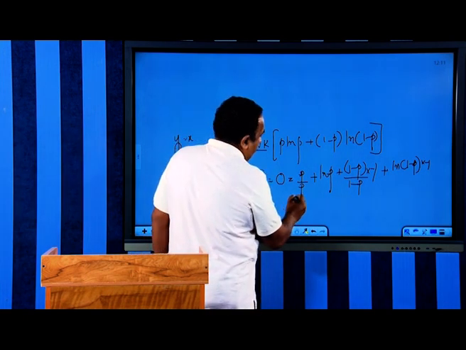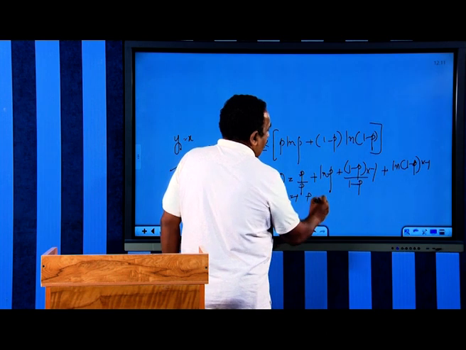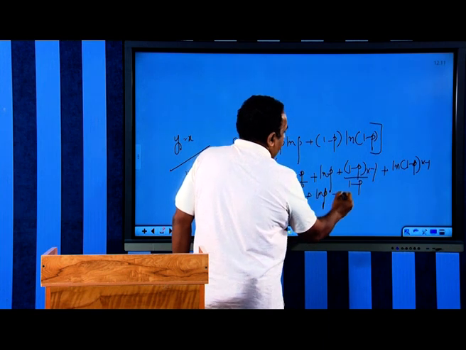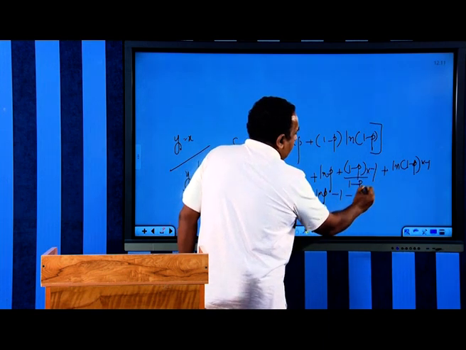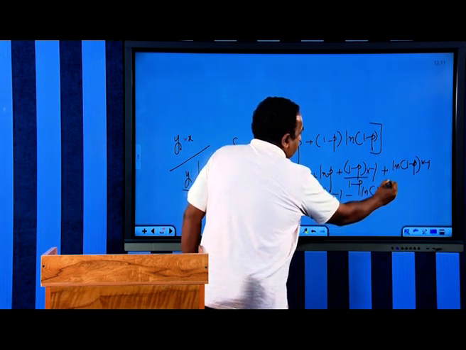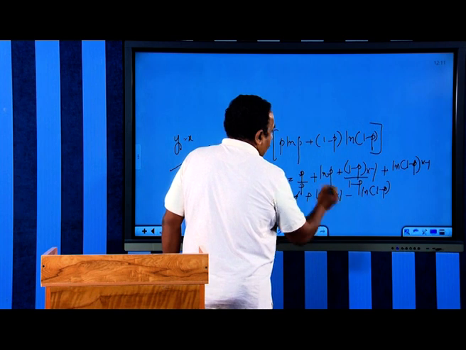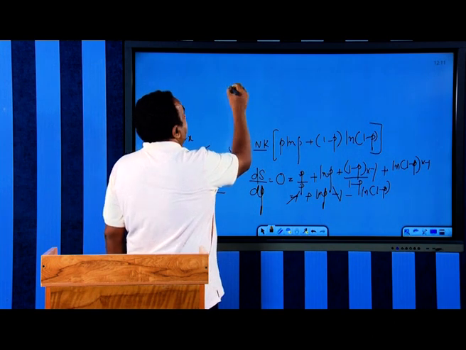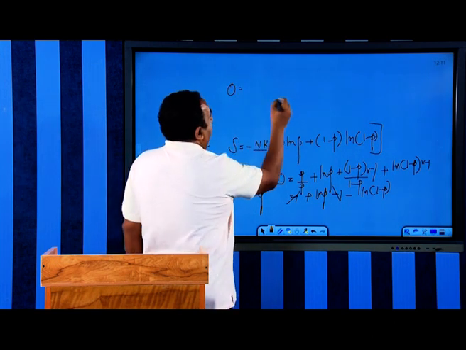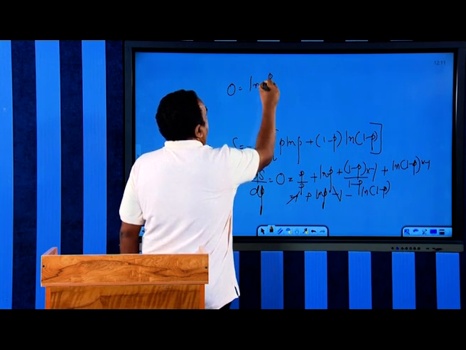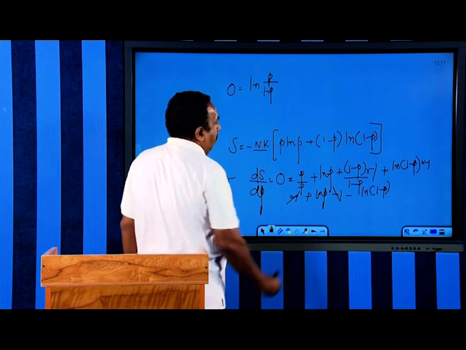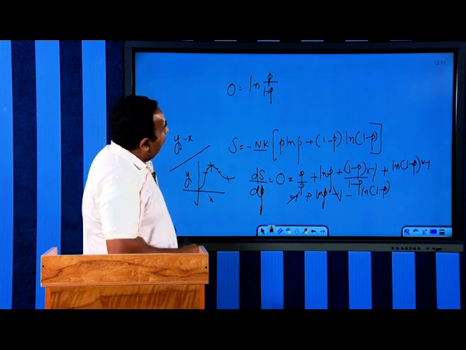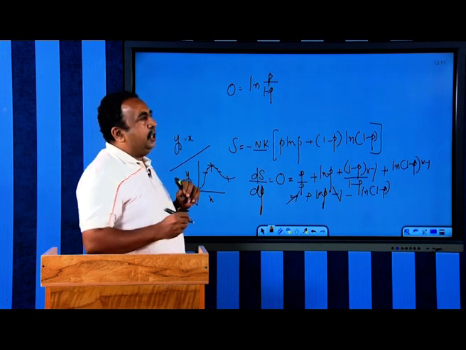Therefore P by P is equal to plus 1 plus log P. This is 1 by P times (1 minus P), minus 1, so this is minus 1, and I have minus log (1 minus P). The plus 1 and minus 1 will go. I have dS/dP equal to 0, which gives 0 equal to log P minus log (1 minus P). Therefore the logarithm of P divided by (1 minus P) is equal to 0.